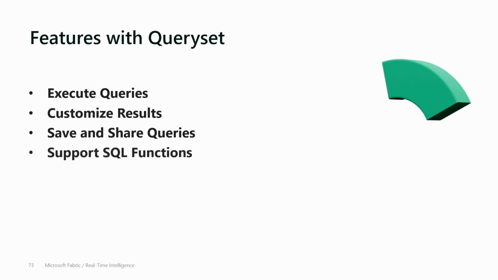While using KQL for creating queries, Querysets also support many SQL functions, providing flexibility in data querying. Once you have saved queries as a KQL queryset, you can leverage Copilot to help you create queries in KQL or SQL language to get the data that you need.